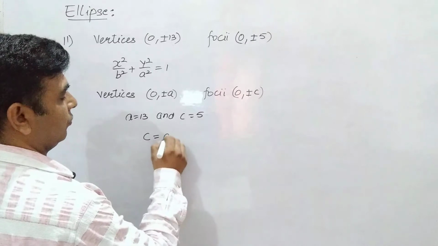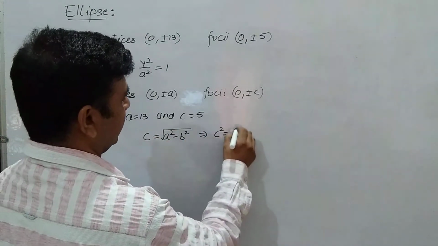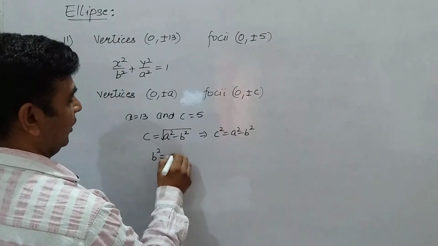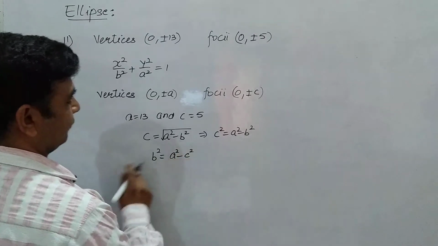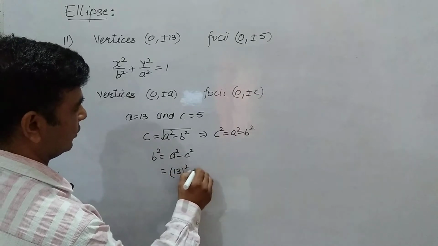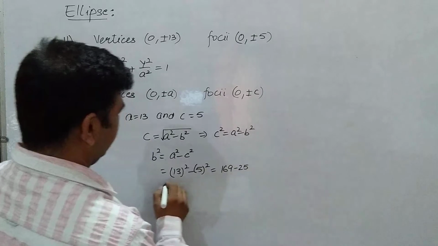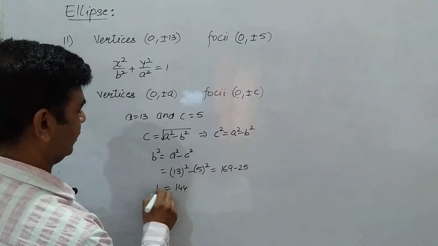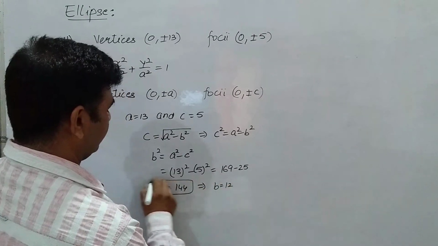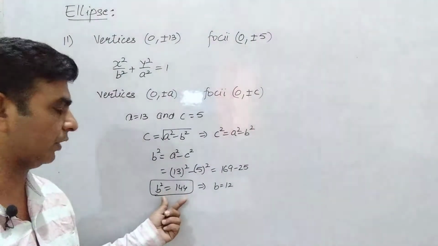c square is a square minus b square, and b square can be obtained by a square minus c square. So a is 13, this is 13 square minus 5 square, which is 169 minus 25. This is 144. So the value of b square is 144, or the value of b is 12. Because we require b square, we can take it directly as 144.